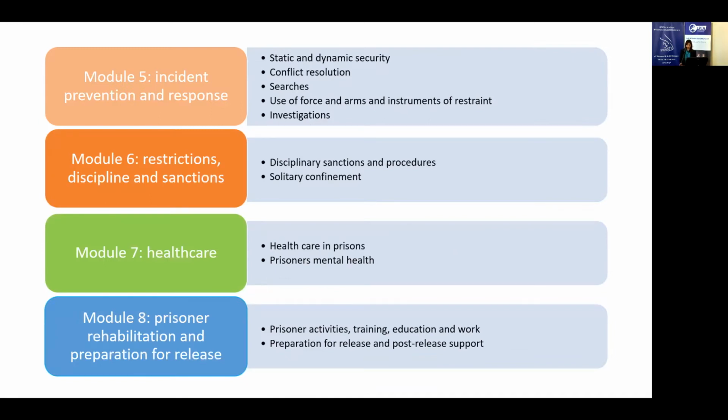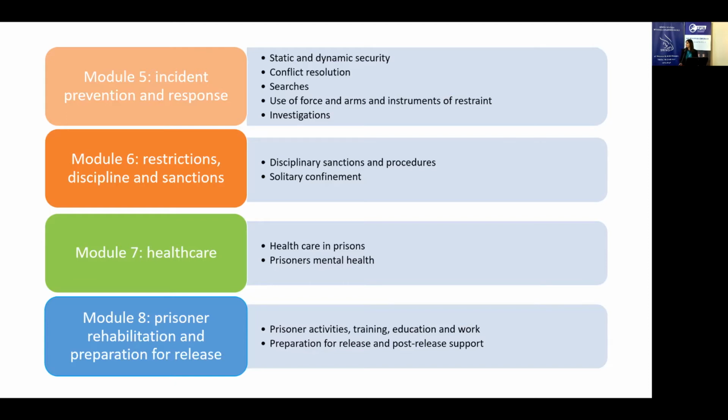The fifth module is on incident prevention and response, discussing methods to maintain safety and security in prisons. We also deal with disciplinary offenses and how to manage unrest in a fair and humane way. This includes dynamic security approaches in order to prevent conflict and resolve problems before they escalate, including de-escalation techniques, mediation and conflict prevention techniques.